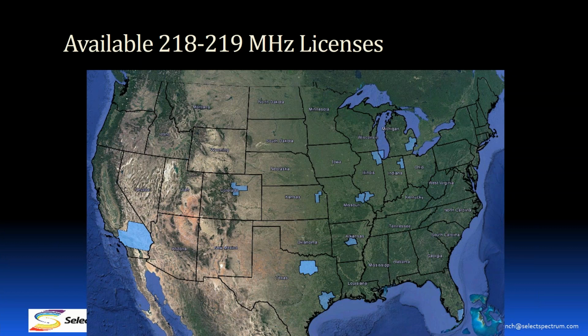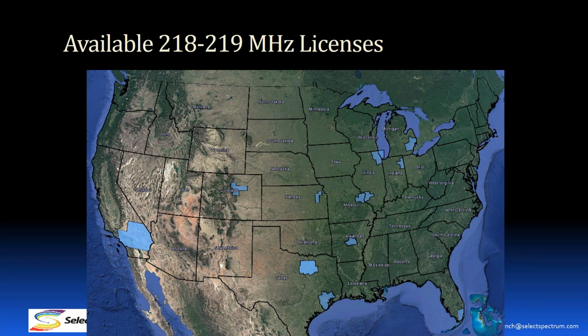And importantly, I don't know if you noticed, but on the AMTS, we had a hole in the map covering Los Angeles, so the receiver does not hold a license there. However, in this case, Los Angeles is available in the 218, 219 megahertz block. These licenses are typically 500 kilohertz. In some cases, we actually have both.